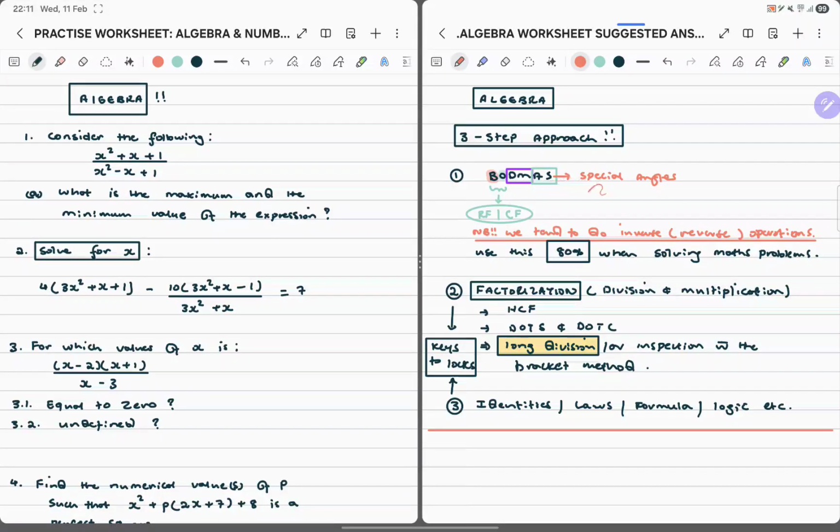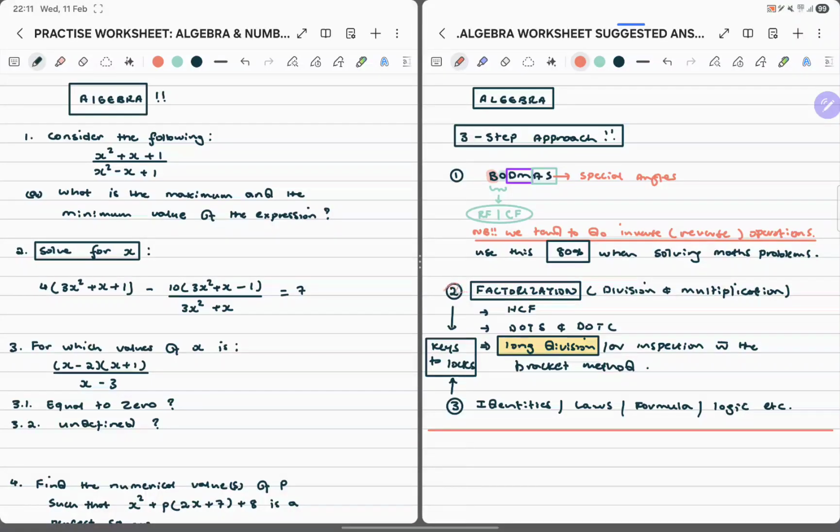And then addition and subtraction, we may be talking about the use of special angles. I can tell you, folks, this makes up 80% of our solving of mathematical problems. And take note that we tend to do the inverse operations, or rather the reverse operations, in what we're doing here, but sometimes we may be doing it in the forward direction.